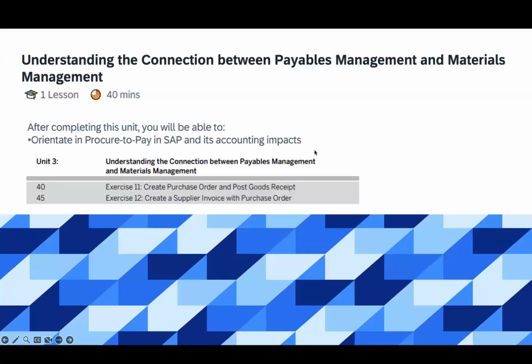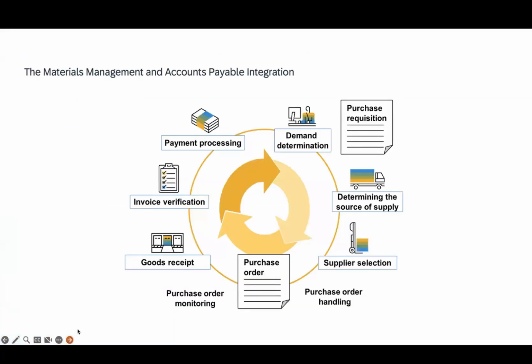and let's have a look at our overall sort of source to pay setup. So demand generation will be run by possibly the MRP run, or a person sitting behind a computer screen, perhaps an invoice. A sales order has come in, and the sales order is requesting an item which we don't have in stock.